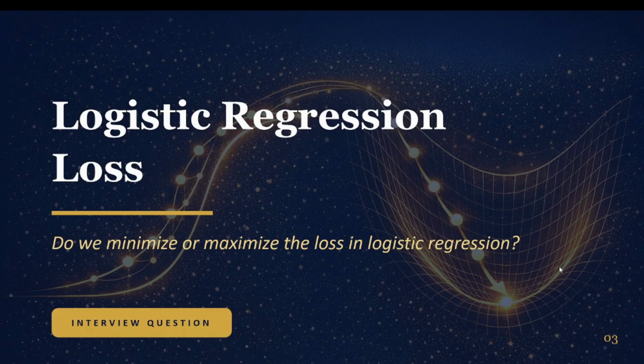In logistic regression, do we minimize or maximize the loss function during training? This is a very straightforward sounding question, but it tests whether you truly understand how a model learns and what role the loss function plays in that process. Let's explore this clearly.